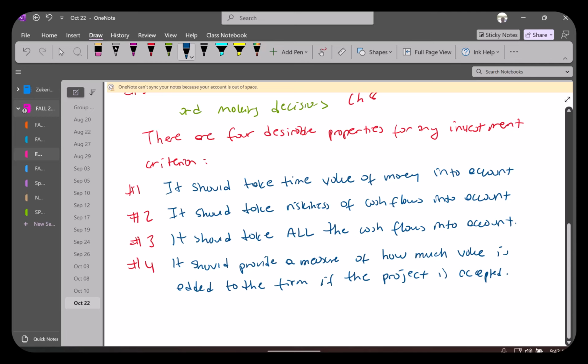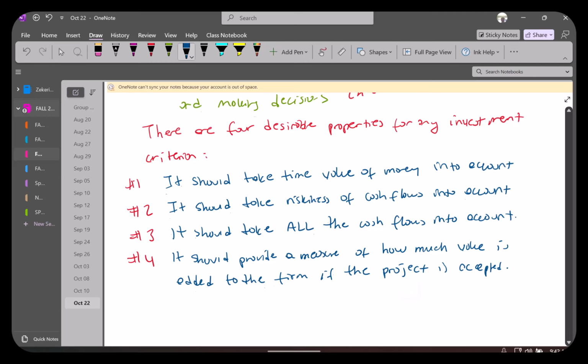If I come up with a new product, does it add $1 billion to company value? Does it add 100 million? Number 4 is not interested in just whether or not it adds value. It's interested in how much value it adds.